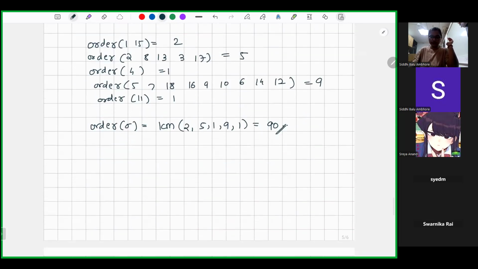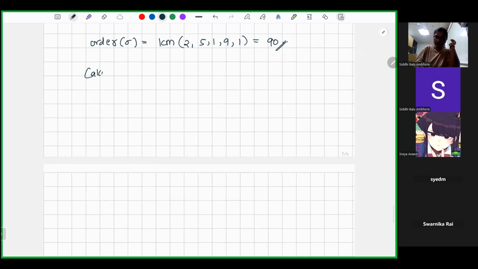And the order of sigma inverse will be the same, because we are only using the cycle lengths to calculate the order, and they are preserved when we take sigma inverse. So the order of sigma inverse will also be 90. It's not asked, but I'm just mentioning it here.